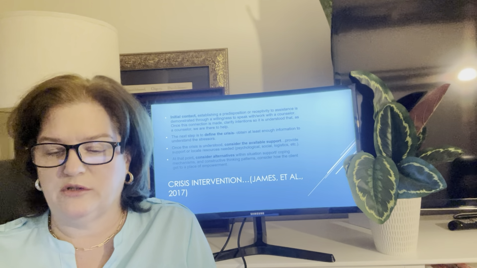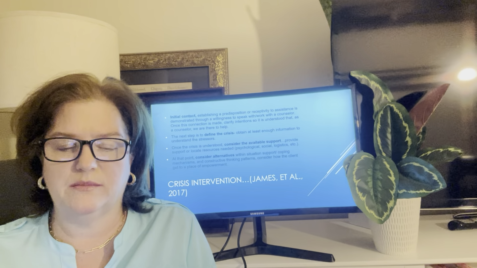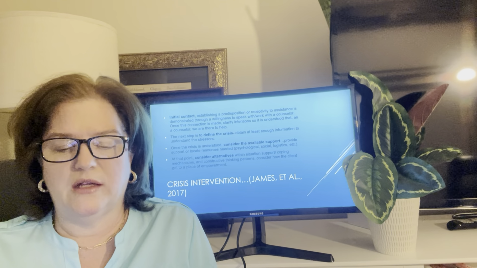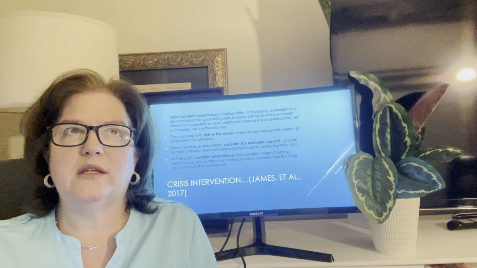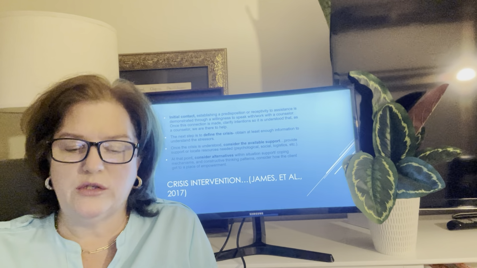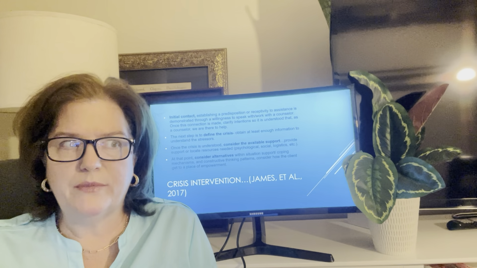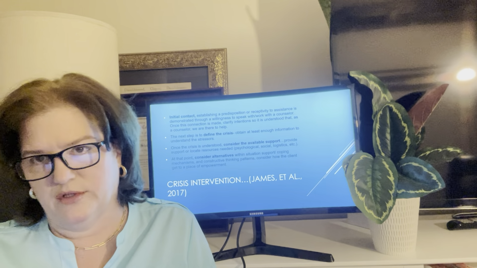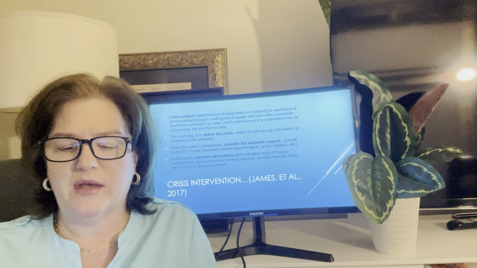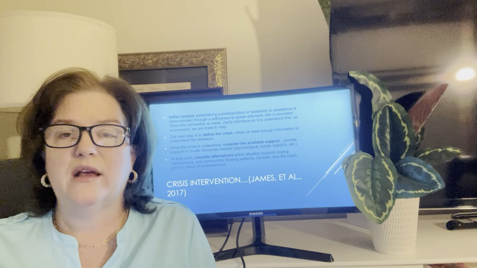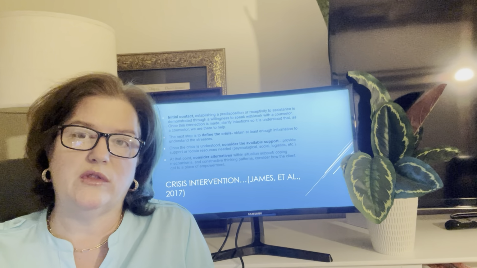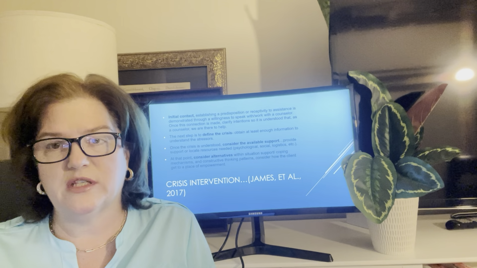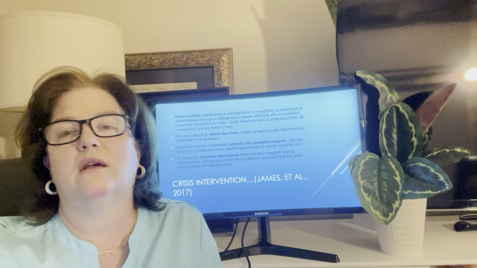Consider alternatives within situation support and coping mechanisms, constructive thinking patterns. Consider how the client can get to a place of empowerment. So considering alternatives relates to if one resource is not available, is there another resource that might be available? If there is something that the client needs that may not be available within the regular spectrum of available services, maybe there's something unique that the client needs.